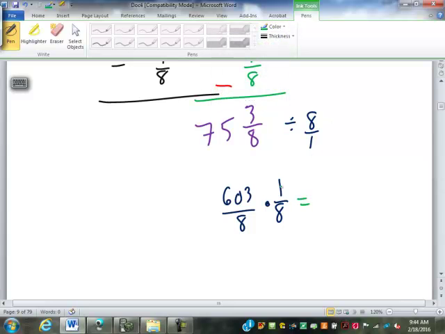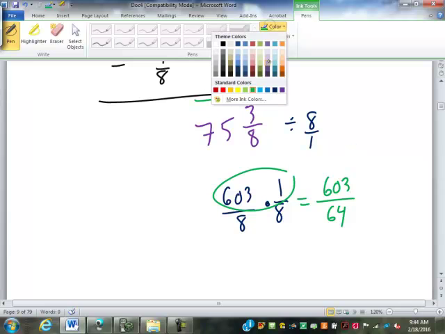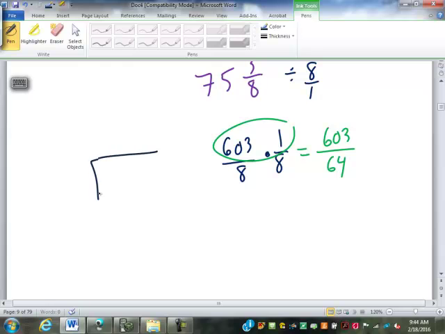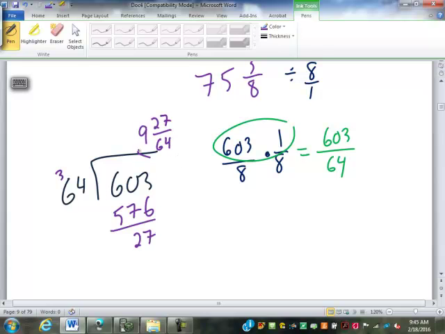And then 603 times 1 is 603, 8 times 8 is 64. And we have to simplify that back. 603 divided by 64. Let's try 9 again. 9 times 4 is 36, carry the 3. 9 times 6 is 54, plus 3 is 57. And that leaves 27. So 9 and 27/64, which is smaller than 9 and 17/32.